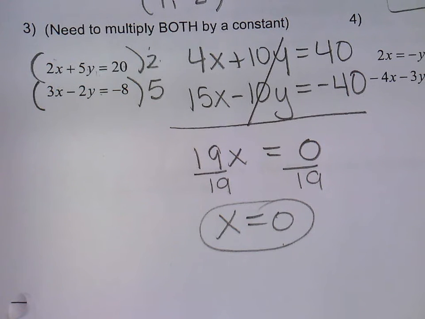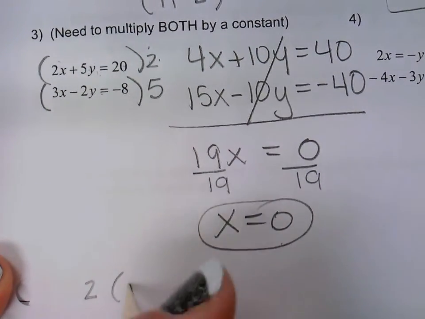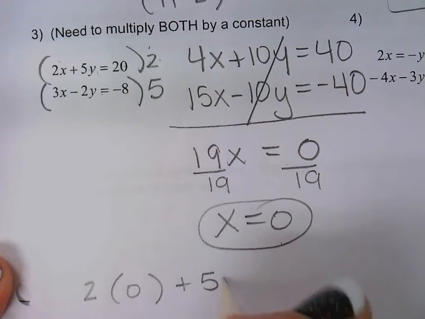Yep, so we're going to have to line them up ourselves. So I'm just showing you the three different ways you might see an elimination problem. So 2 times 0 plus 5y equals 20. Good, Owen.